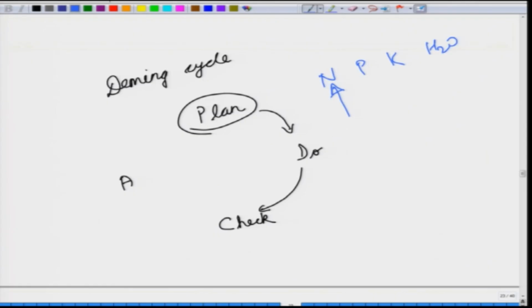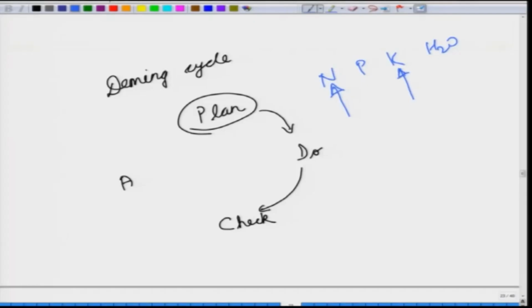So, you added nitrogen, but it is possible that your soil had sufficient amounts of nitrogen and it was actually deficient in potassium. So, if that is the situation, then when you are in this check stage, you will find out that there is no measurable or appreciable change in the amount or the rate of carbon sequestration that was happening. So, what was happening before is the same as what is happening after you did this intervention. So, probably this is not a nice intervention to do, it is not required.